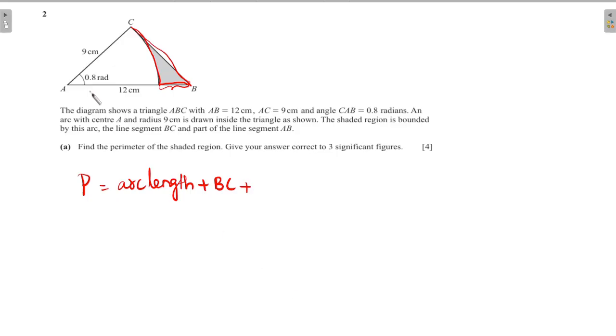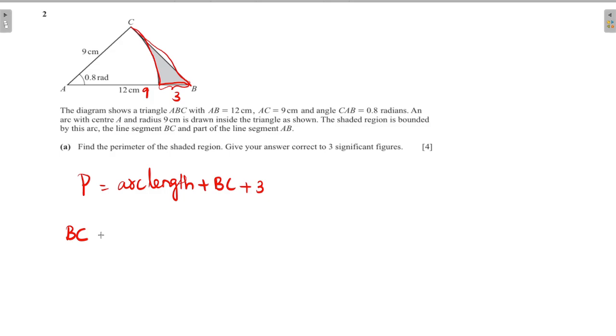The entire length of the side AB is 12 centimeter. The radius of the circle is 9 centimeter, so this is also 9 centimeter. The remaining part is 3 centimeter. We have to add that 3 also. Let's find out BC.